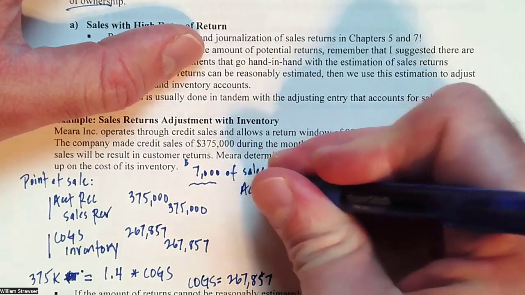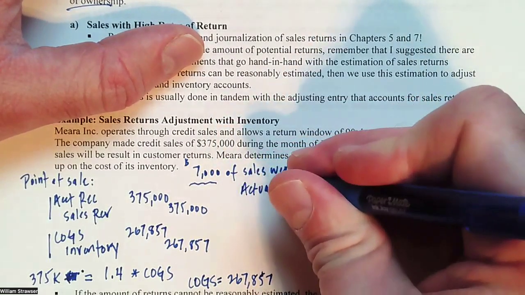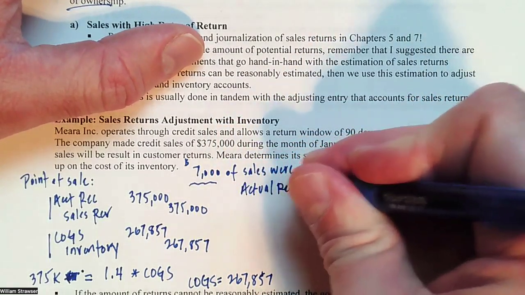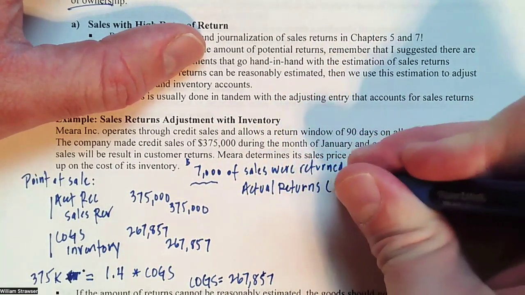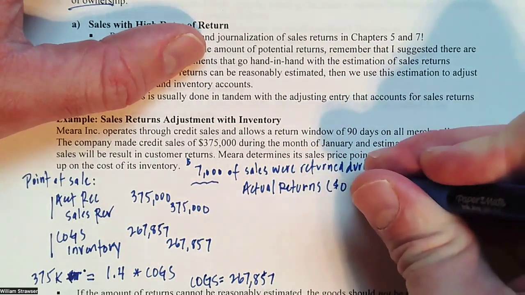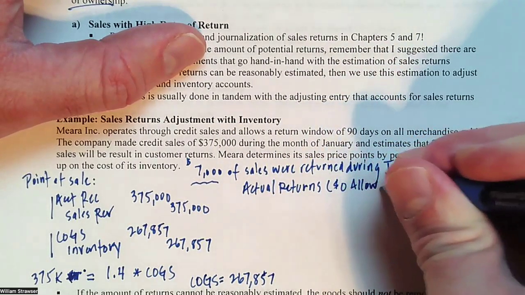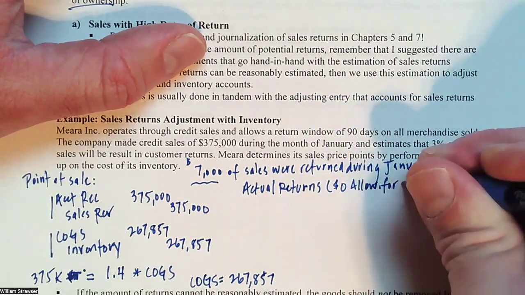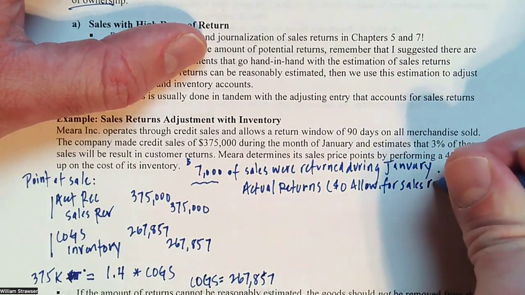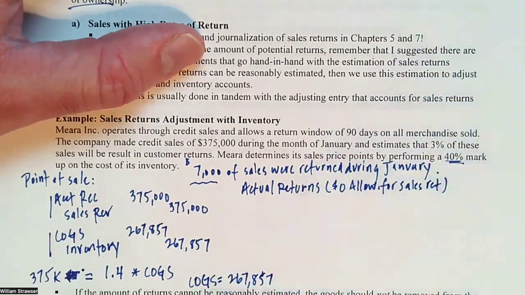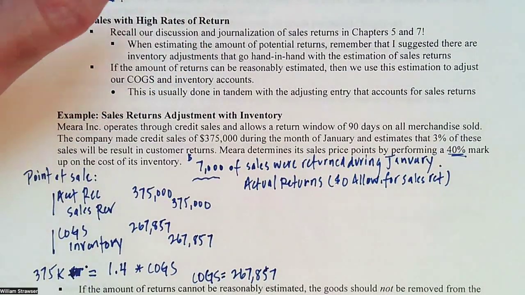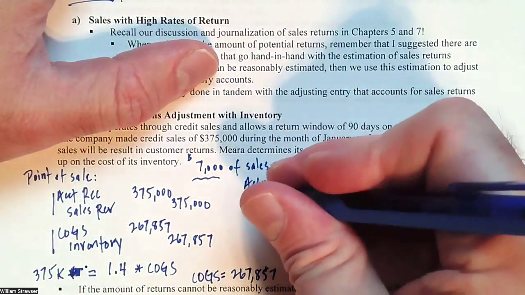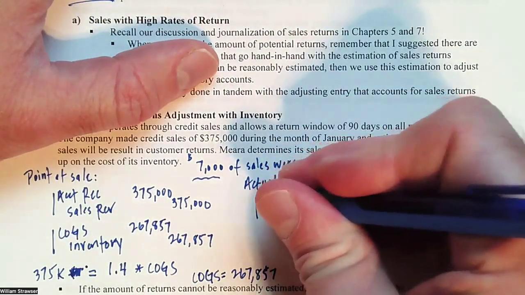Now let's just assume that there is zero ASR, that we began the period with a $0 allowance for sales returns. So if you recall from the last topic, if there was a balance there, we'd have to reduce that first. But without a balance, then we go straight to debiting sales returns.